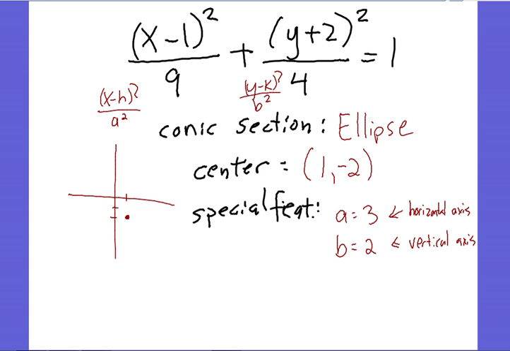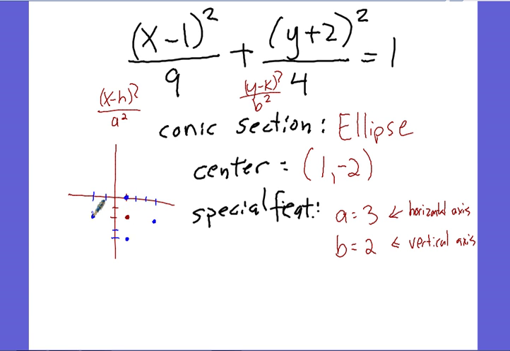According to my center, I know my A, which is my horizontal axis, is 3. So 1, 2, 3 right there. Remember, that means it's also both directions, correct? So that's 1, 2, 3. I know my B is my vertical axis, which is 2. So 1, 2, and then 1, 2.